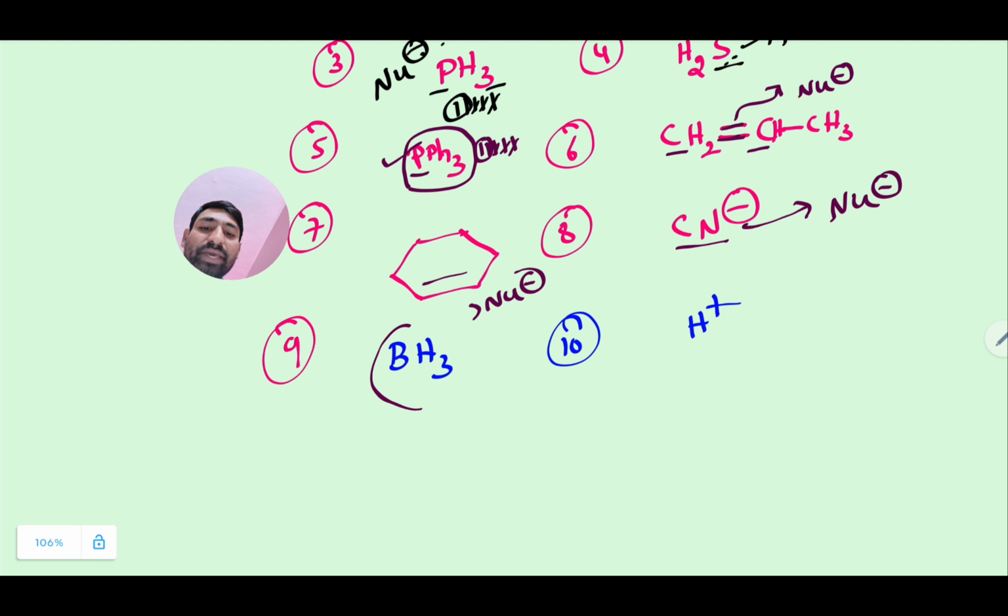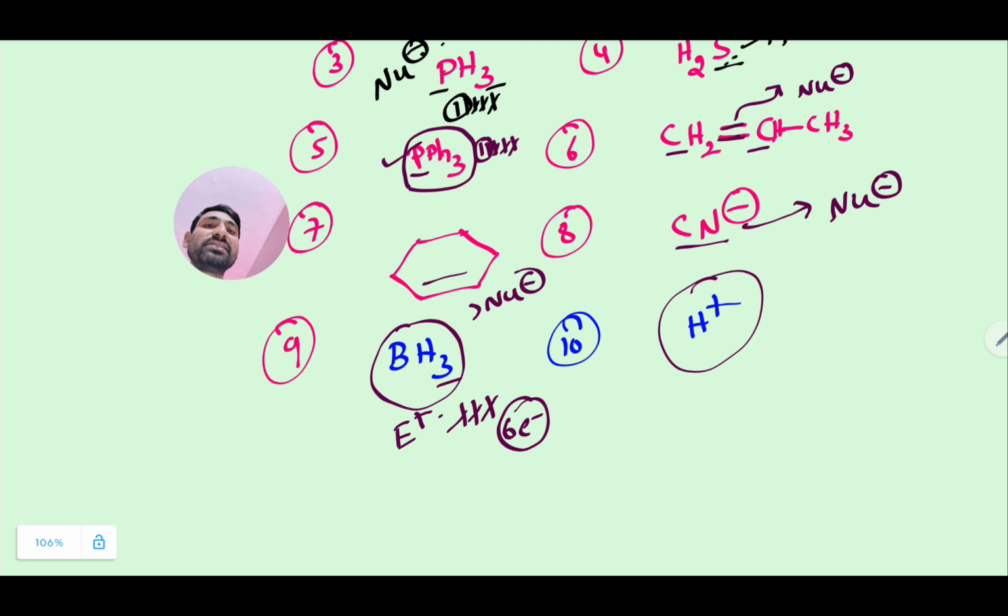Now take BH3, boron, third group, with 3 hydrogen bonds. It has no lone pair of electrons and only 6 electrons in the valence shell, so it accepts electrons and acts as an electrophile. H plus has no electrons, so it is ready to accept a pair of electrons and acts as an electrophile, guys. So like that we can identify an electrophile or a nucleophile.